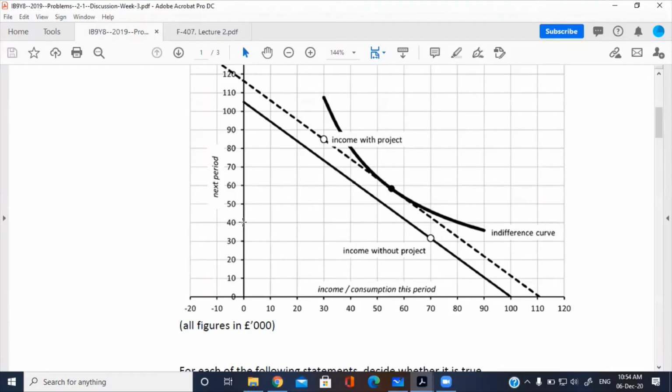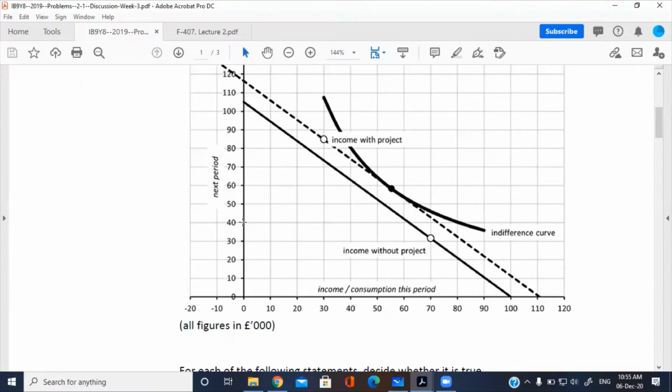It comes from the economics of decision making about consumption and investment. So conceptually, NPV represents the difference between the present consumption with the project and the present consumption without the project.